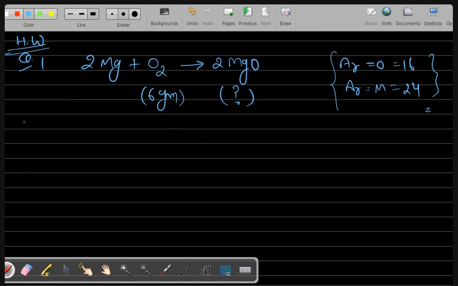So how many grams of magnesium oxide will be produced? You will do that. Okay, homework. Yes, 2 questions I am giving you for homework.